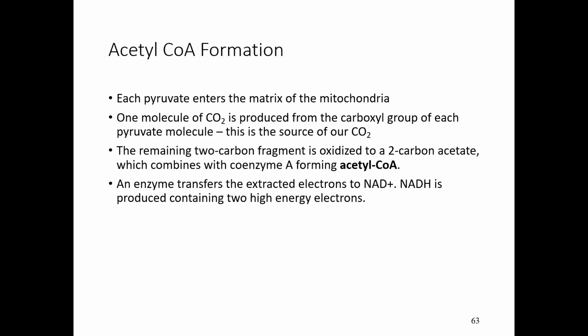Carbon dioxide, the carbon dioxide that we breathe out, the only place that it forms is in the mitochondria of our cells, and only in the matrix.